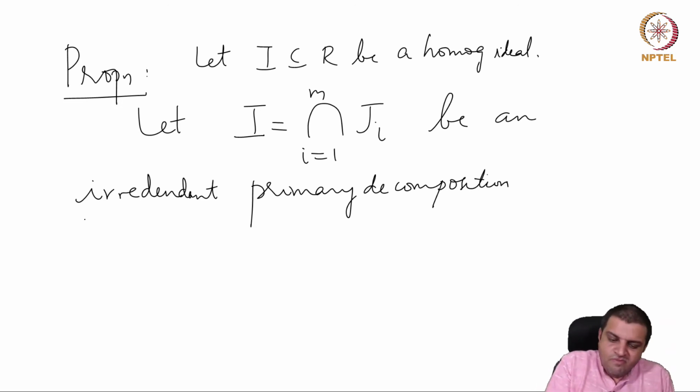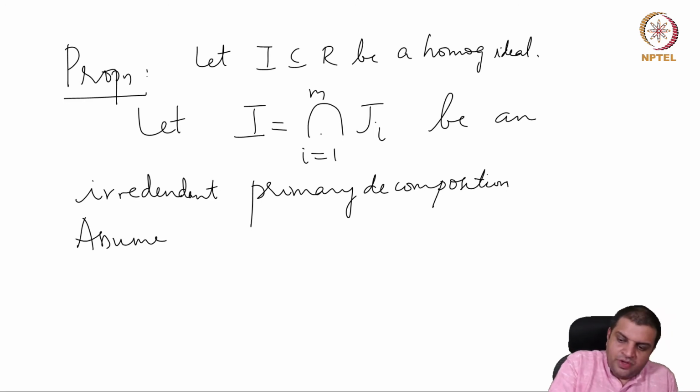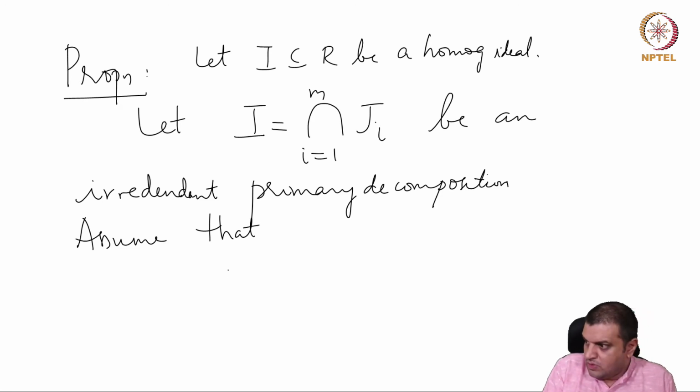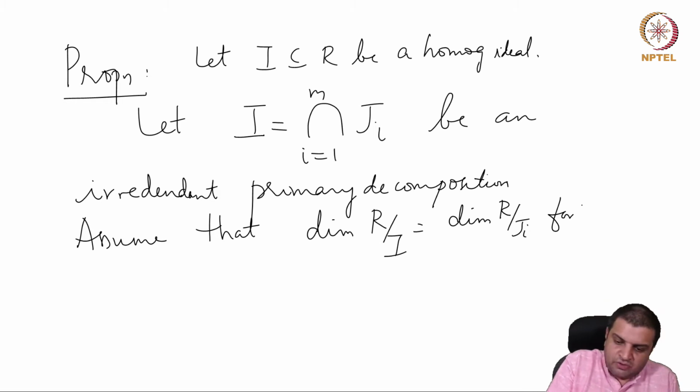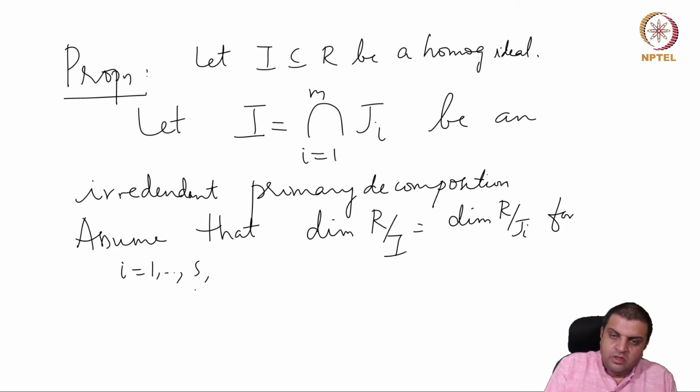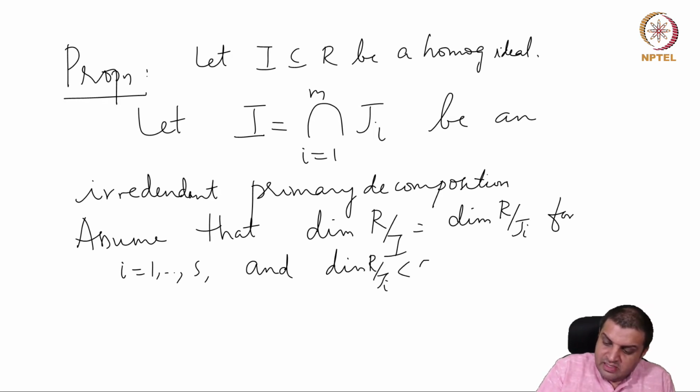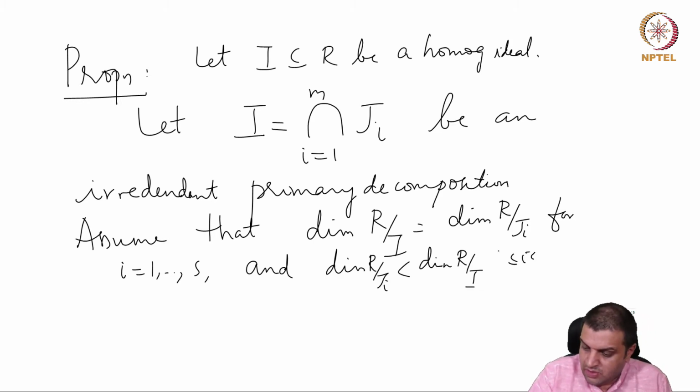Okay. Assume that, meaning we have ordered the J_i, assume that dimension of R mod I equals dimension of R mod J_i for the first s of them, and dimension of R mod J_i is less than dimension of R mod I for the remaining, s plus 1 less than or equal to m.